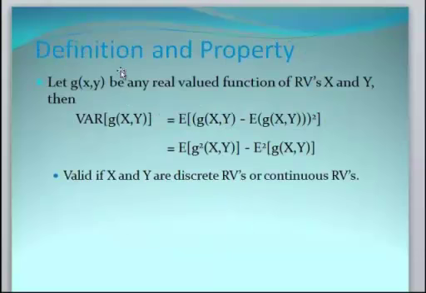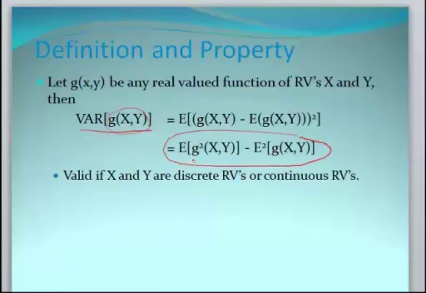Now let us look at a very handy formula which says that if we want to calculate the variance for any particular function, you've got this formula here, the first one, but really you want to use this one.